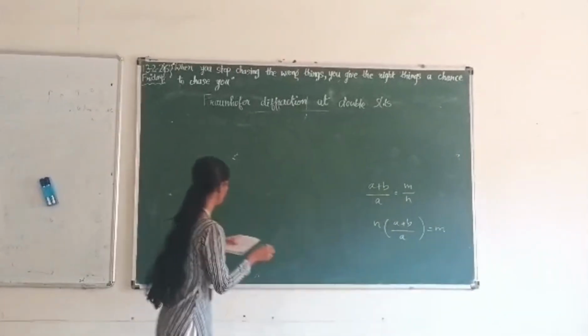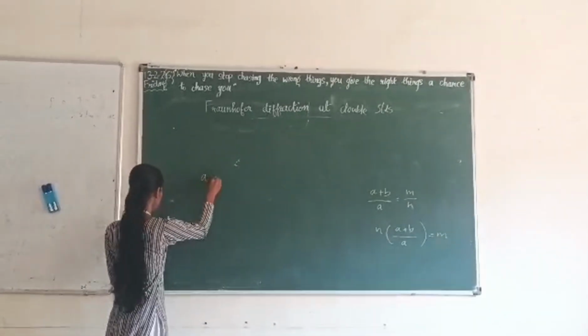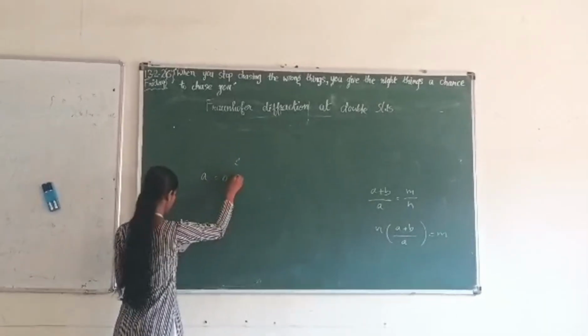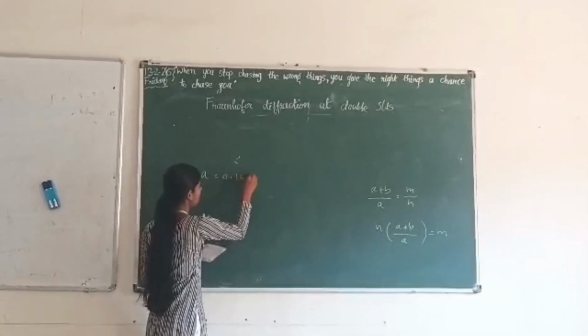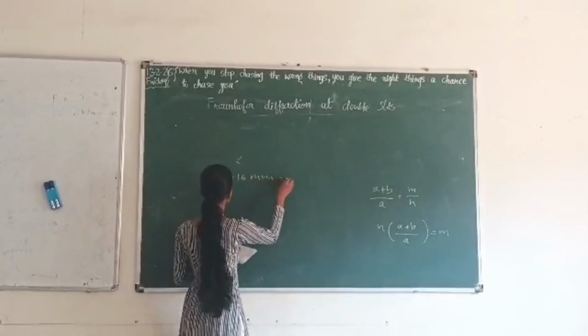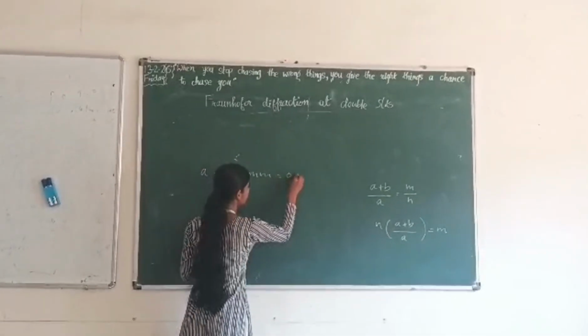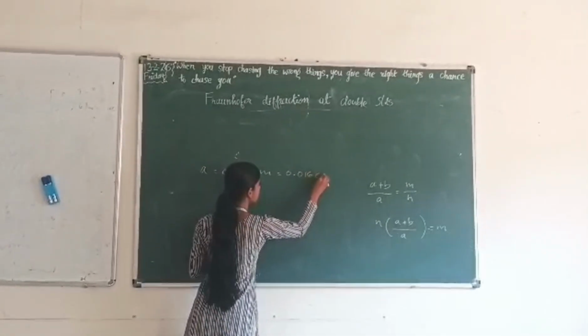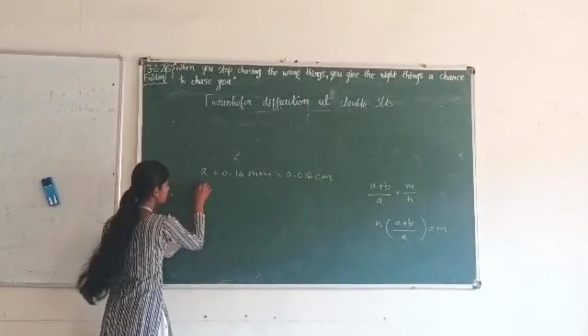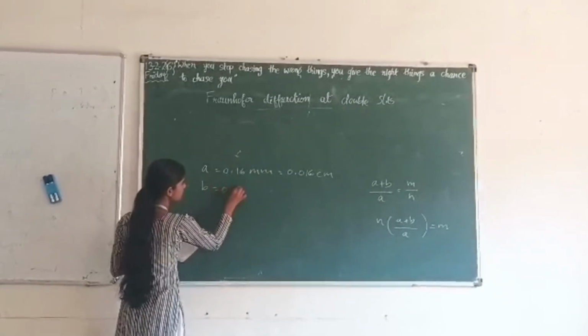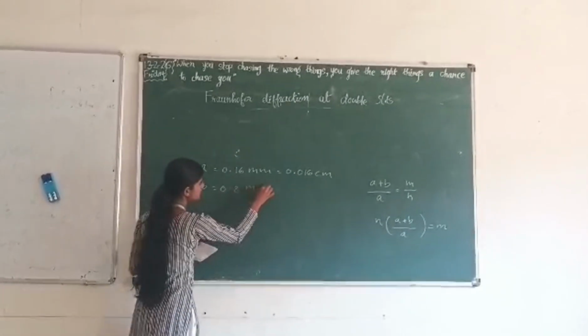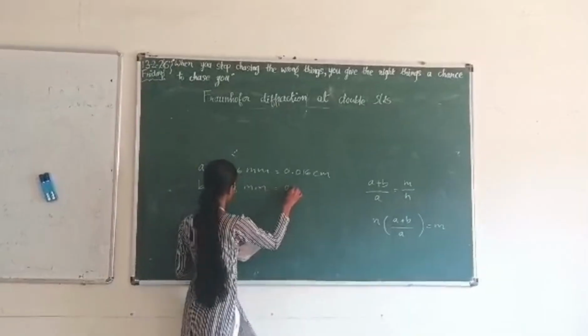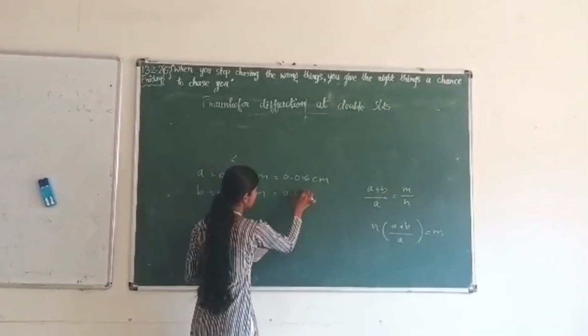So here the width of the slit a is 0.16 millimeter, and b is 0.8 millimeter.